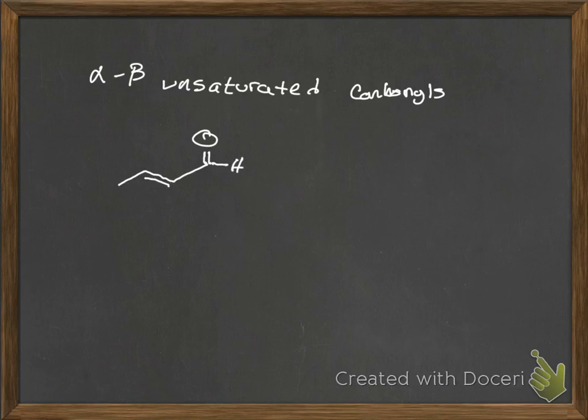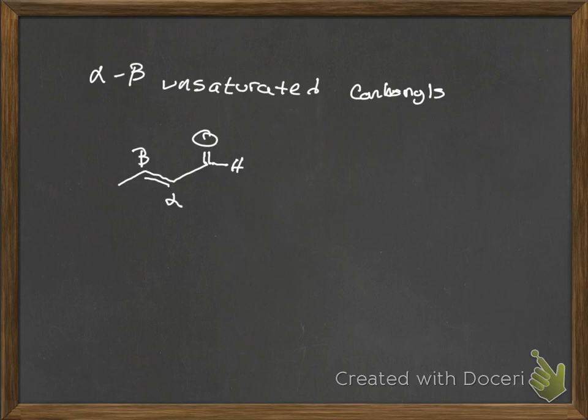All right. And it was called an alpha beta because with respect to the carbonyl, this first carbon here is alpha and this carbon up there is beta. Now, this can be on a lot of different types of molecules. You have an aldehyde here. You can use a ketone, an ester, or an amide and just have that alkene right next to it.